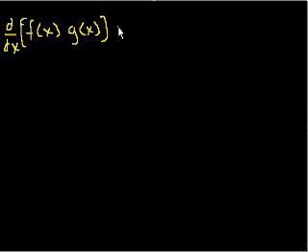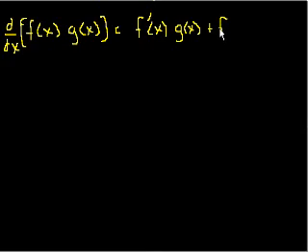Well, the chain rule just told us that this is just the same thing as the derivative of the first function, f prime of x, times the second function, g of x, plus the first function, f of x, times the derivative of the second function. And I'll show you where I'm going with this in a second.